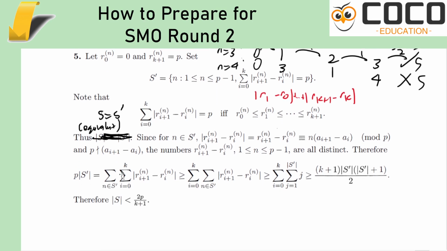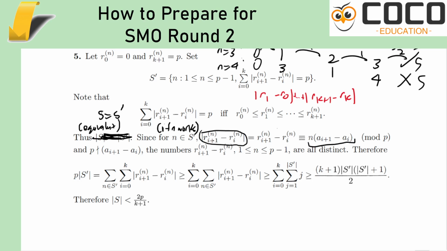Continue reading. Since for n in S prime, this is equal to this equals to this. Yes, so we know that for each of these, if they are in ascending order, which is what it means if n works, all of these remainders are in ascending order. If they are in ascending order, then what is this difference?